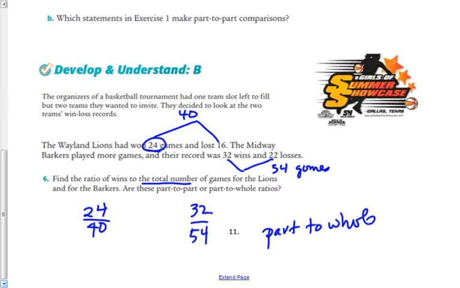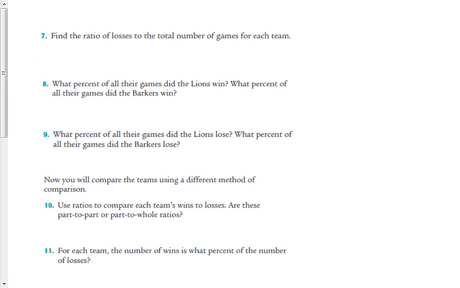If we compared wins to losses, then that would be part to part. It says find the ratio of losses to total number of games. The Lions lost 16 out of 40 games played, and the Barkers lost 22 out of 54.